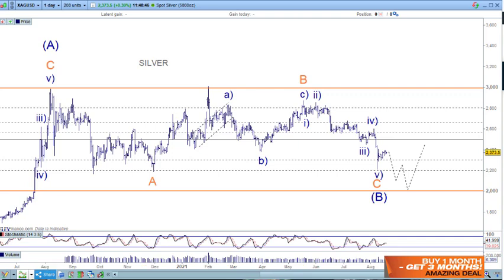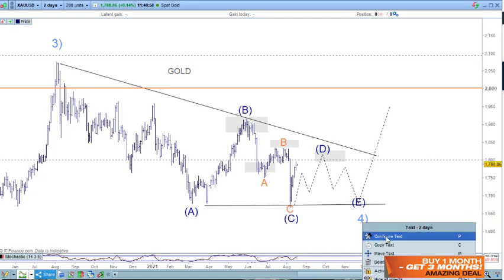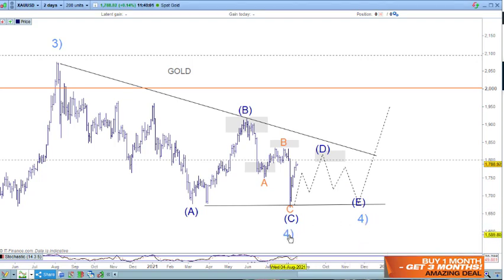The gold market, which we'll look at now, we're looking at in two ways, as you may know. We're looking at it as an A, B, C, D and E wave for wave 4. It's also possible, a bit of a long shot, but we'll see how it goes, of having wave 4 in here, considering wave B and wave C as 1, 2, 3, 4 and 5.